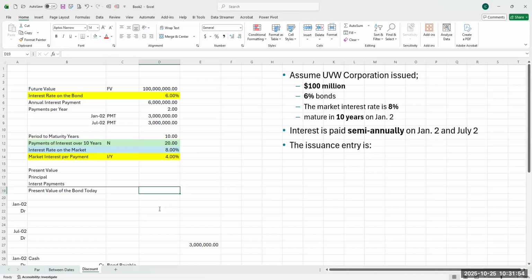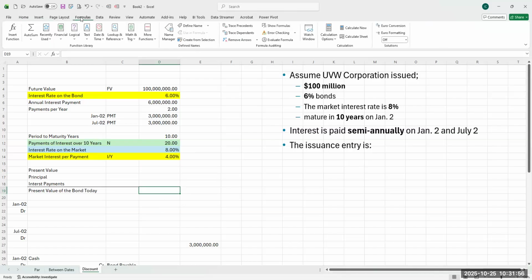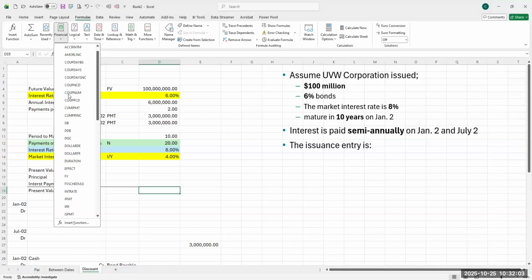For the present value, what are we going to use? We're going to use the formulas. We're going to go to financial, scroll down, and go with the one that says PV, which is present value.